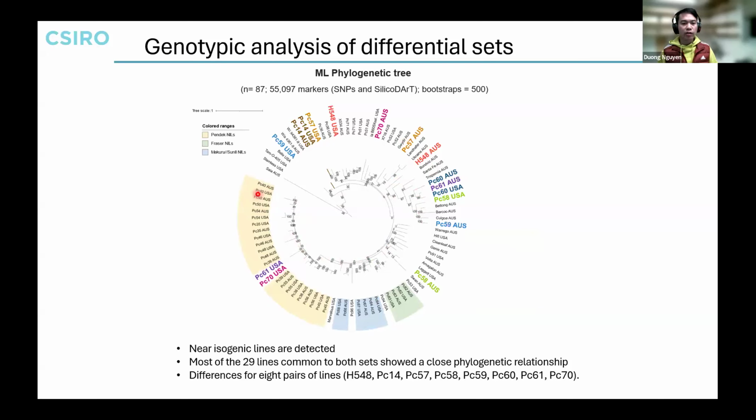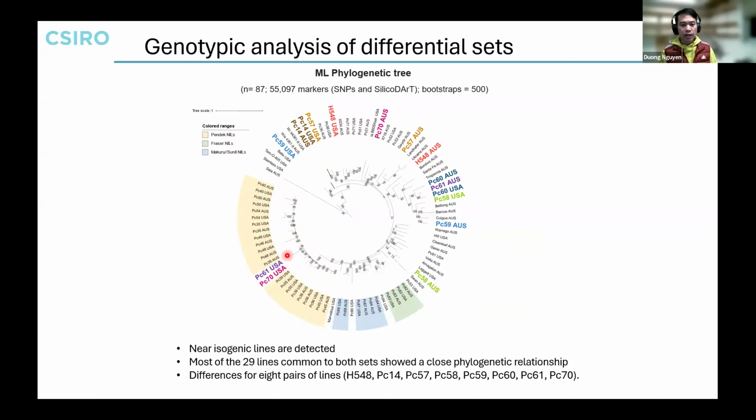So here's the first thing we're looking at. We identified three different near-isogenic line groups that stay very close to each other in the tree. That makes sense, because these lines are supposed to share a very similar genetic background and differ only at the PC gene locus. We have three different groups: Pentland in yellow, Fraser in green, and Makuru in blue.